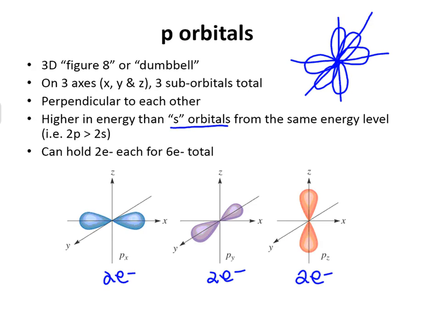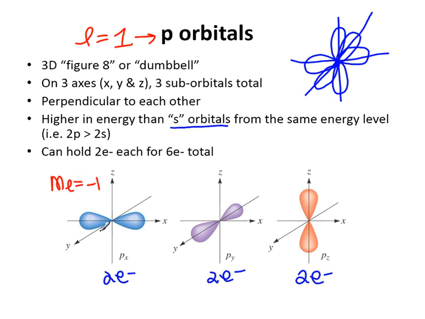If we do the same thing for p orbital, we know L is equal to 1. When I see L equal to 1, it's telling me I have p orbital. There were 3 ML values.